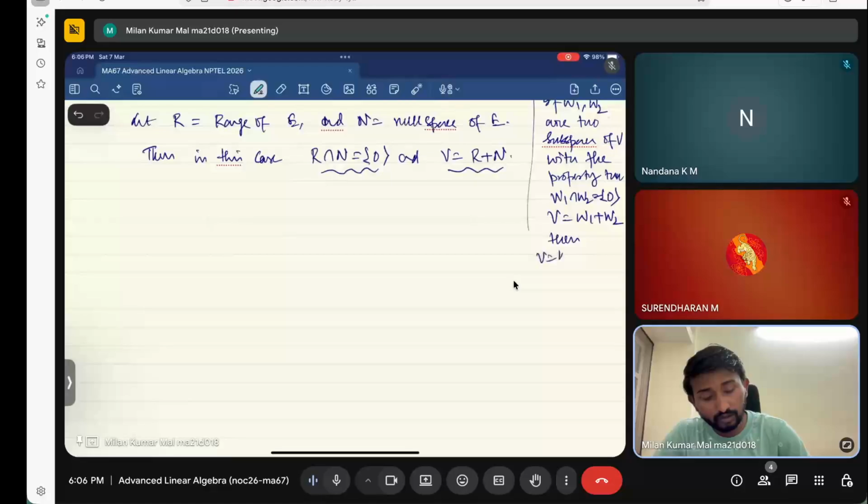Then V is actually the direct sum of W1 and W2.